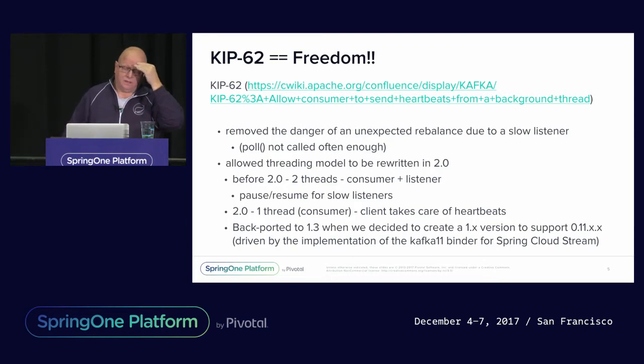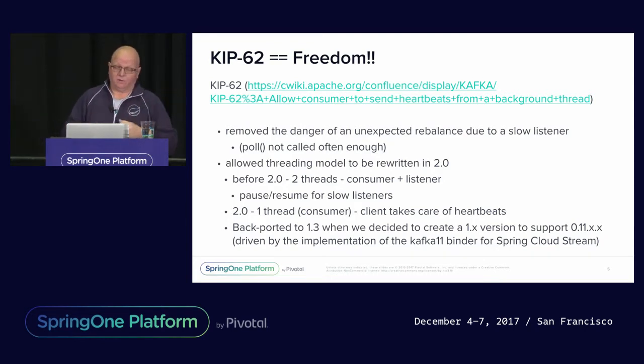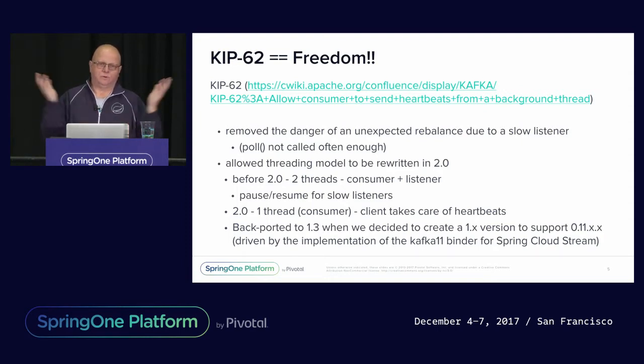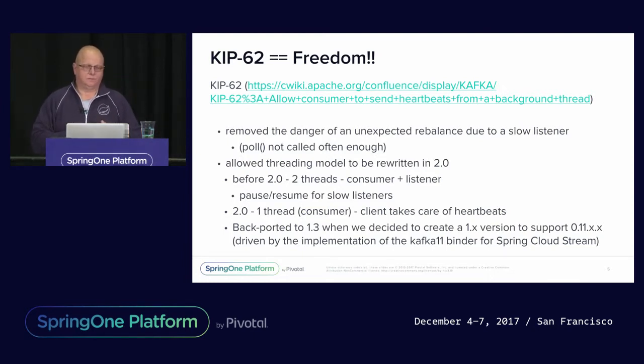In the 1.x line, 1.0, 1.1, 1.2, we had to have 2 threads for each listener, because if your listener was slow to respond, Kafka thought that the consumer was dead and would do a rebalance. It would basically say, this guy's dead, I'm going to take these partitions off of this consumer, if you didn't call poll often enough.